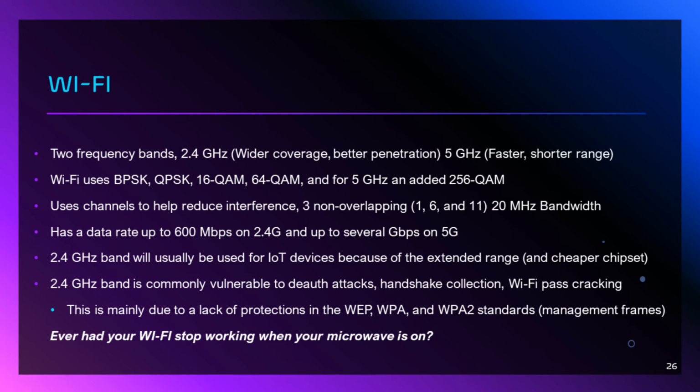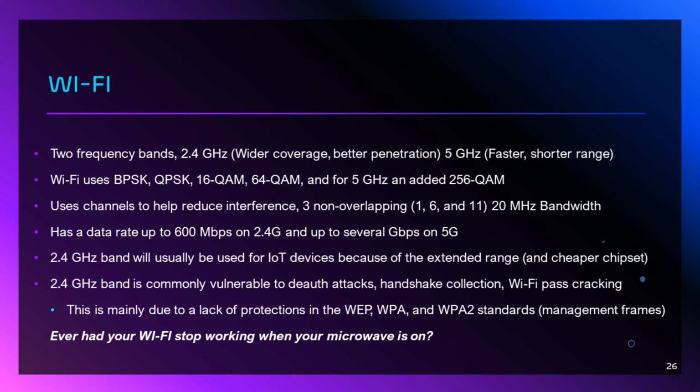But your 5 gigahertz network, this will be your faster network, so this is what you want for most of your things that need high bandwidth. Wi-Fi uses a variety of modulation techniques, but they're all kind of built off of the ones we talked about, just varied versions. So BPSK is our binary or bi-phase shift keying.